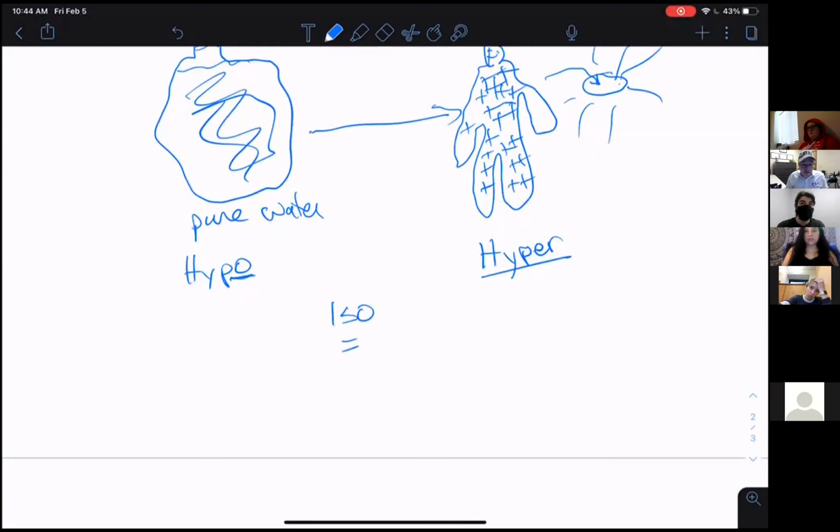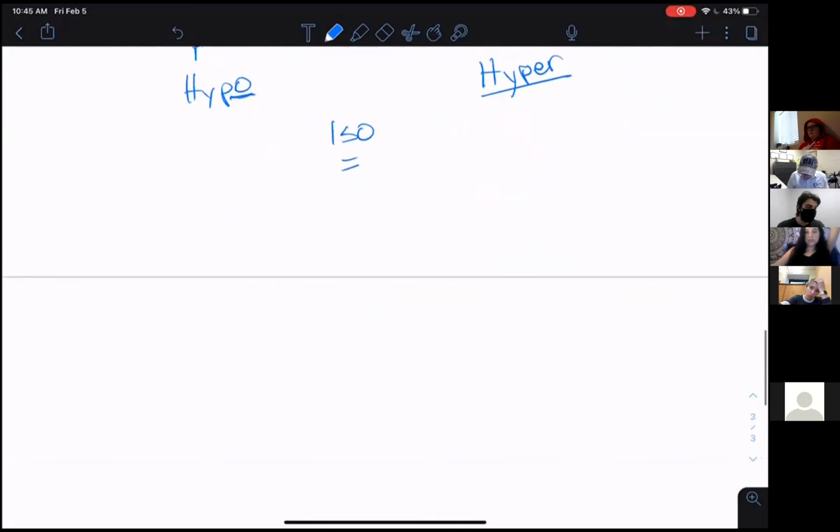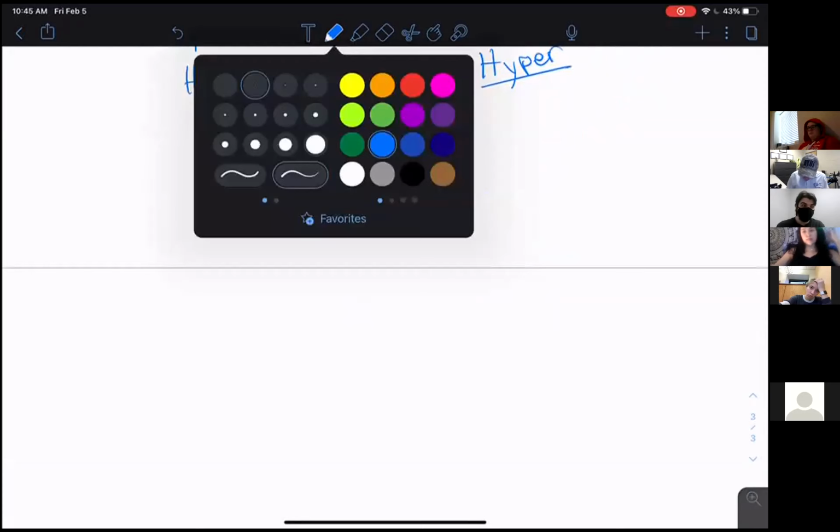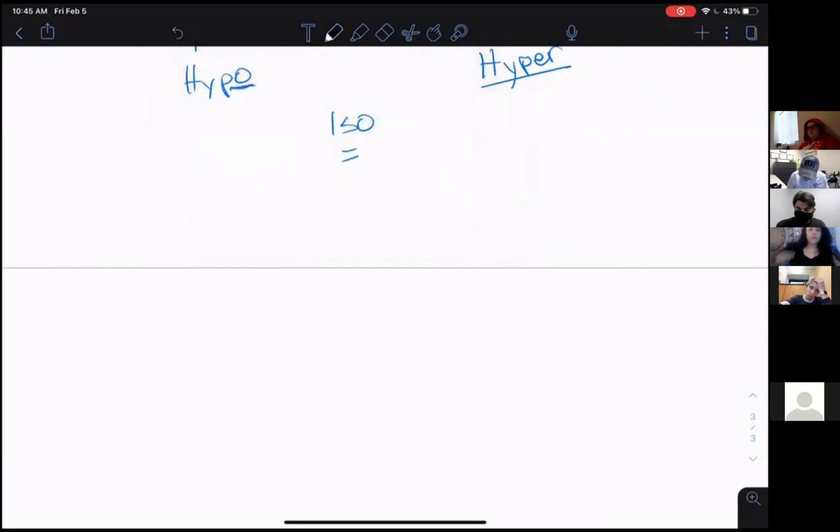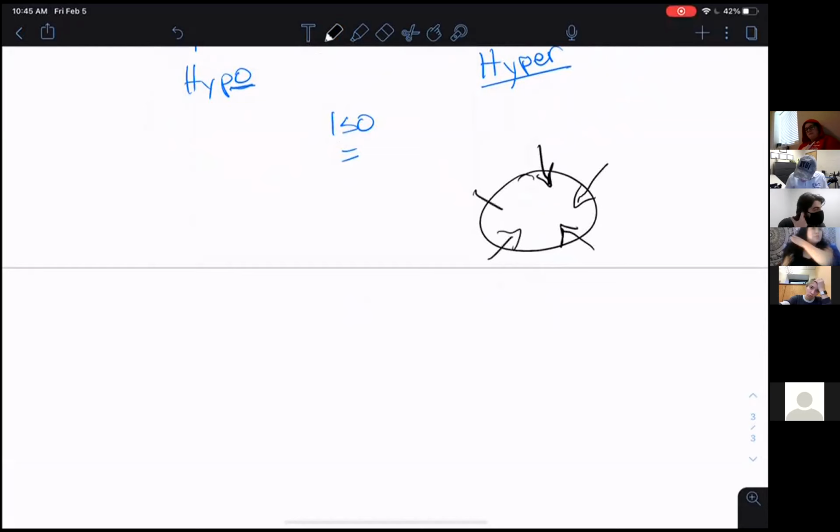In your textbook, in a hypertonic solution, you're going to see a picture of a cell with all water arrows going in.